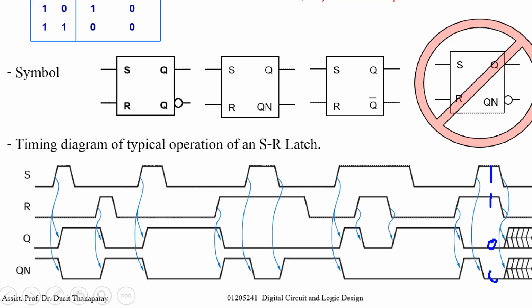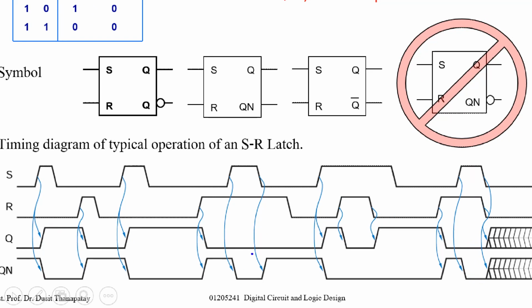Qn is 0, 0. And what happened if now SR change to what? Change to 1, 1, right? Now 1, 1, Qn is 0, 0. And when you change S and R to 0, 0 at the same time, what happened? Now the circuit becomes bistable, right?